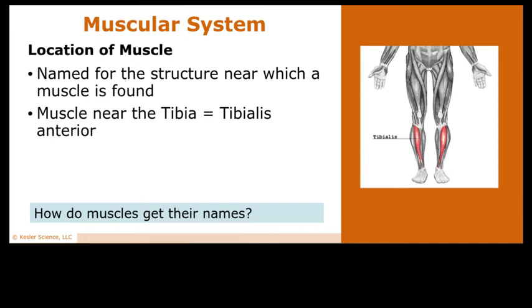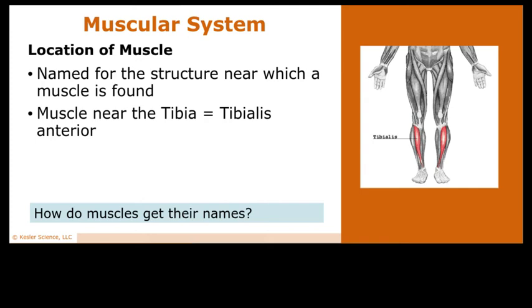So the location of the muscle is primarily what's used to give them their names, though not always. For example, the delta or the deltoid, which is the shoulder muscle, is actually shaped like a triangle, and the Greek word delta means triangle. So in that case, it gets its name from its shape.